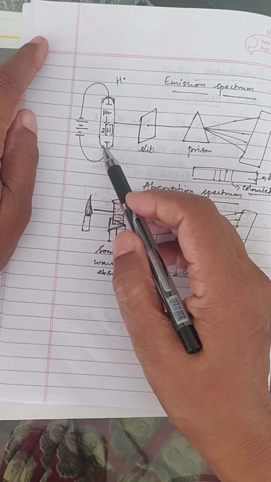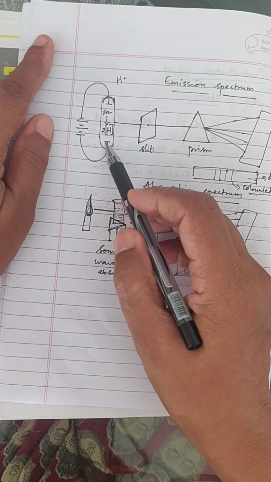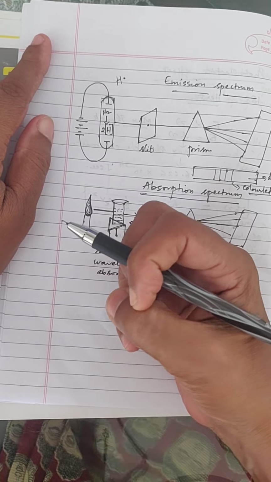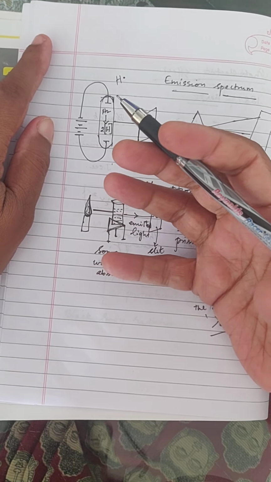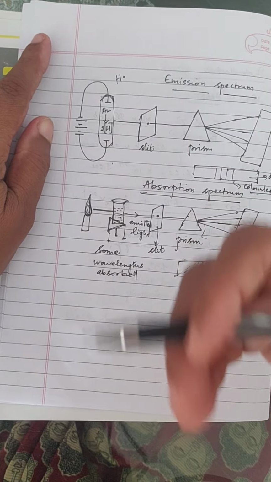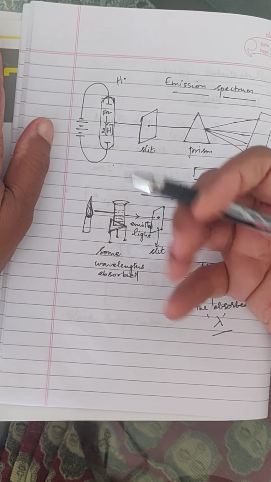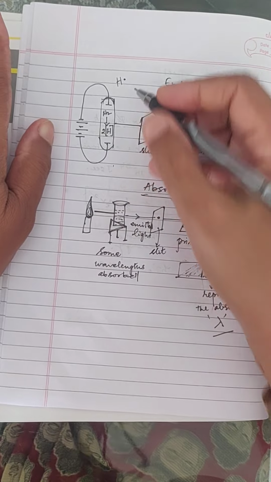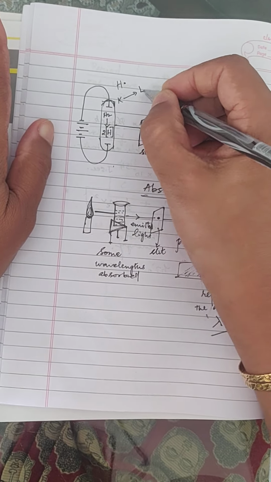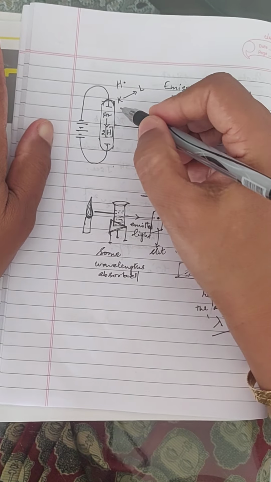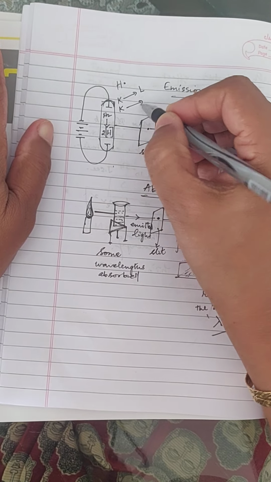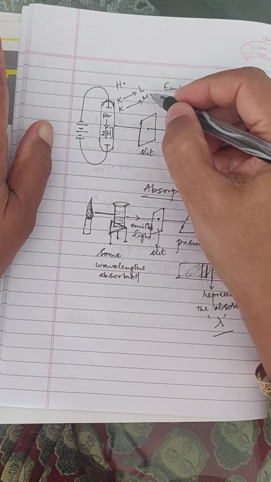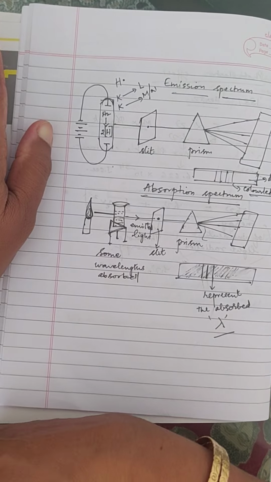Certain hydrogen atoms will absorb lesser energy. A few more hydrogen atoms may absorb more energy. So depending upon the energy that they have absorbed, some of the electrons will go from K shell to L shell only, and some of them can go from K shell to M shell also, or to N shell also.